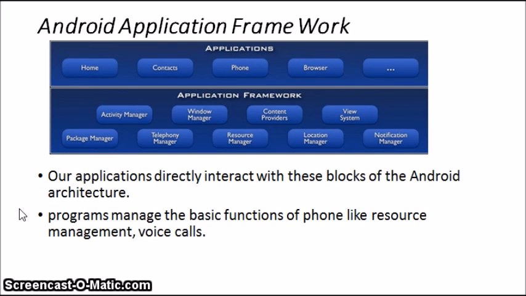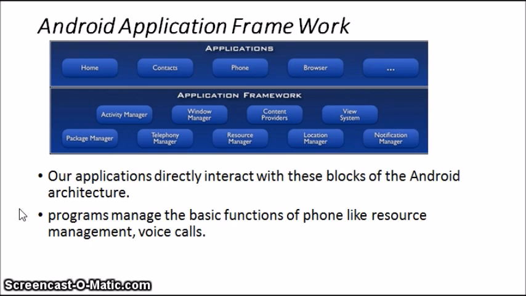And here comes the Android application framework, which consists of applications like home, all the applications together within a single framework. Our applications directly interact with these blocks of the Android architecture. Whatever application we install on our Android mobile or any machine interacts with this Android application framework.